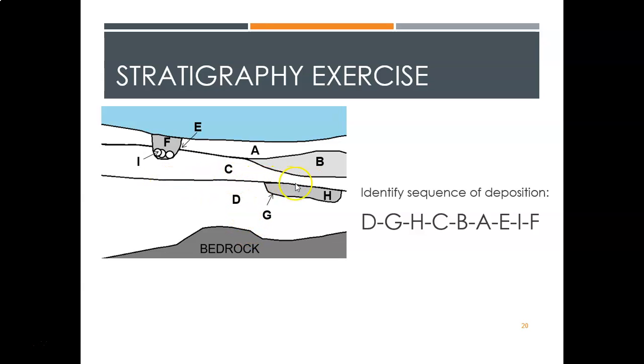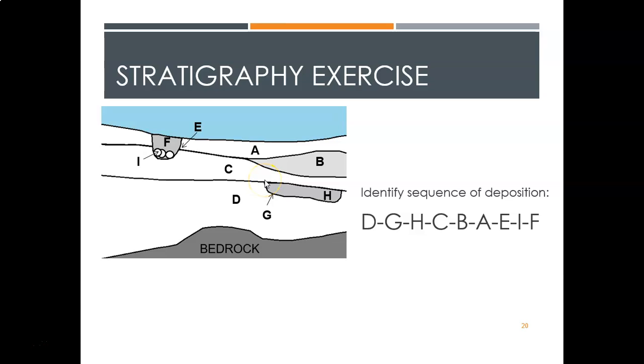Well, the next entire continuous strata or deposit is C, but in between D and C is this here. We have the cut represented by G, and then we have H, which is a sediment that is filled into this hole.